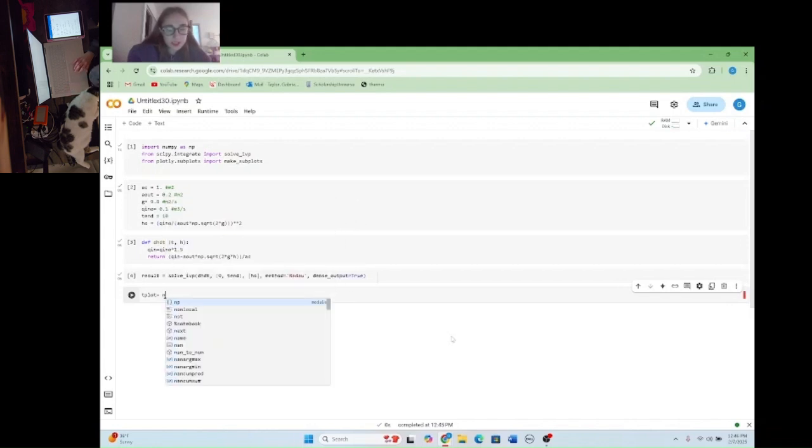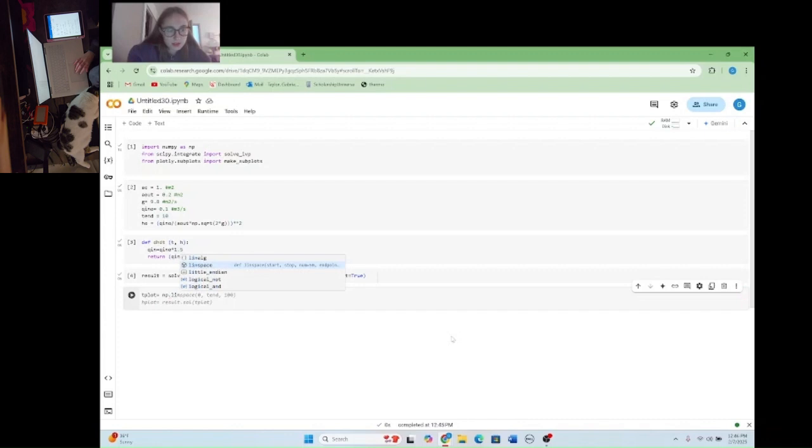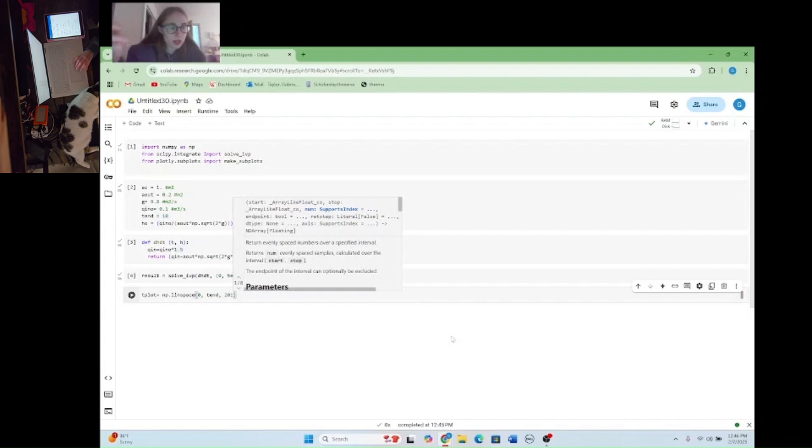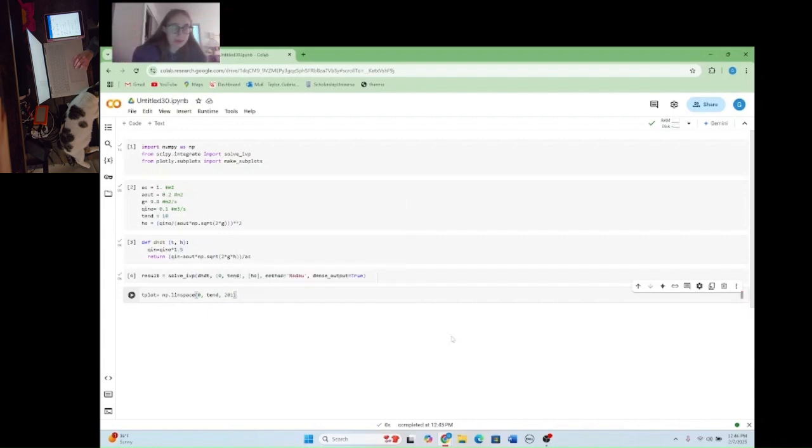We want to do np line space. And then we need to do from our time, right? So we're going to go from 0 to Tn. And then how many increments do we want to do it for? So let's just do 201. You can really change this, doesn't matter.